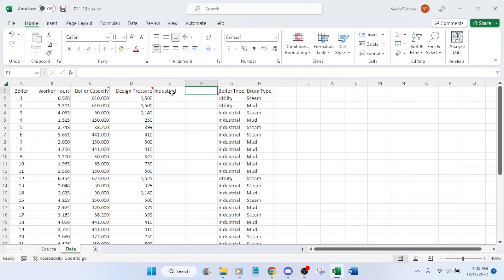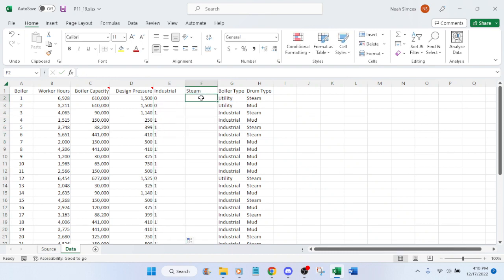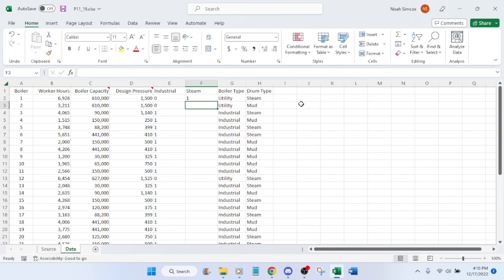Industrial steam equals if this equals industrial 1 comma 0, and if this equals steam 1 comma 0, and then go down.